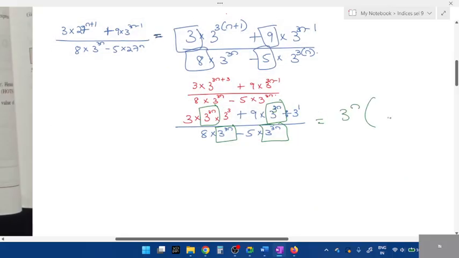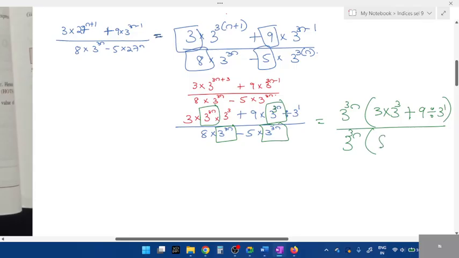If I take out 3n common, apart from 3n, what are the other numbers there? 3 into 3 cube plus 9 divided by, yeah, just take out the numbers. Apart from that, whatever is there, just write it. Denominator, 3 to the power of 3n.